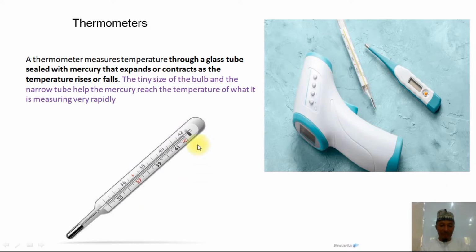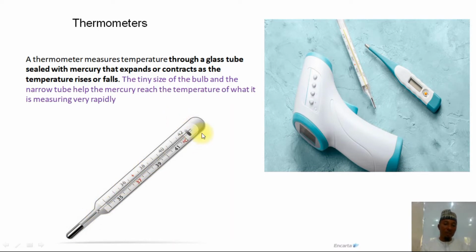For the liquid in glass, we have basically four parts that are very important. We have the bulb, we have the stem, and then we have a narrow bore, or tube, inside where the mercury can rise.